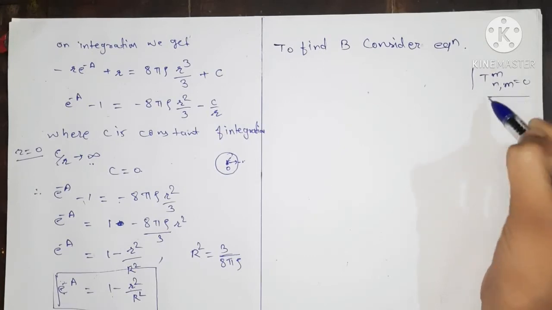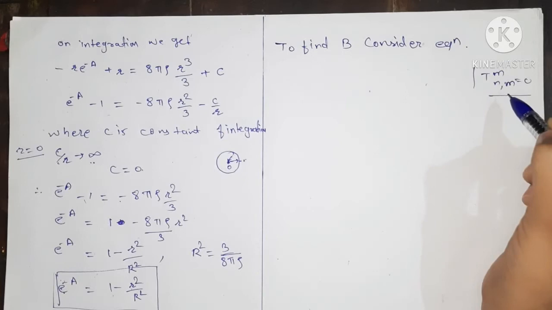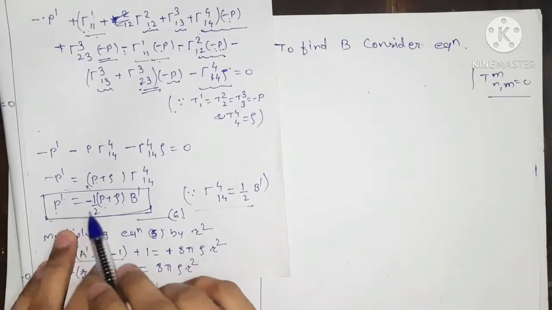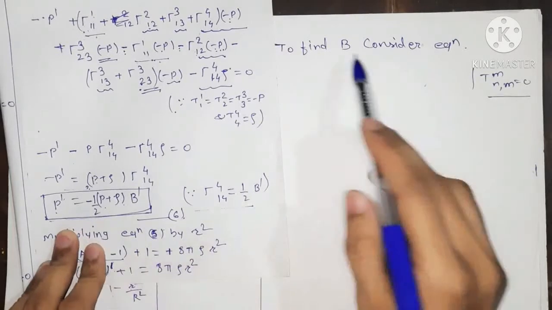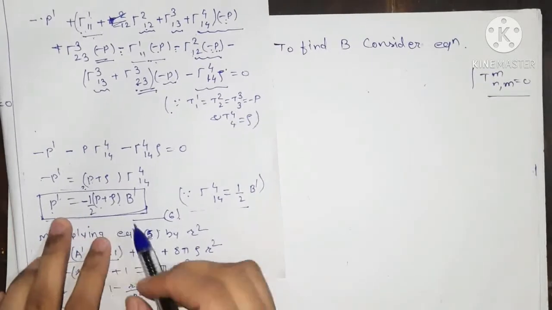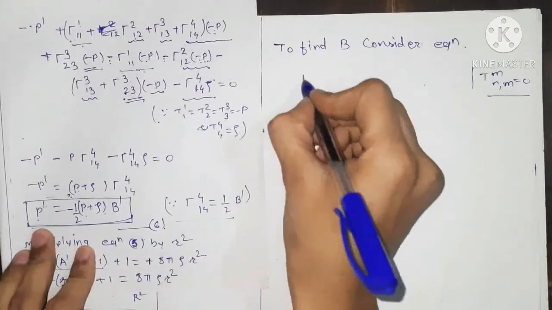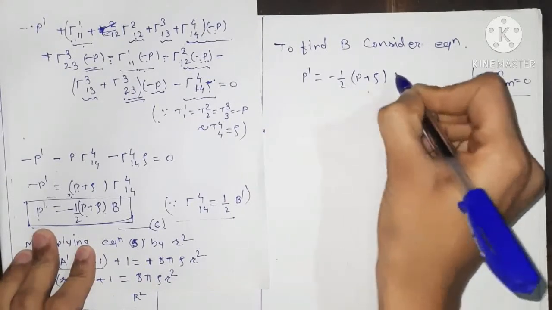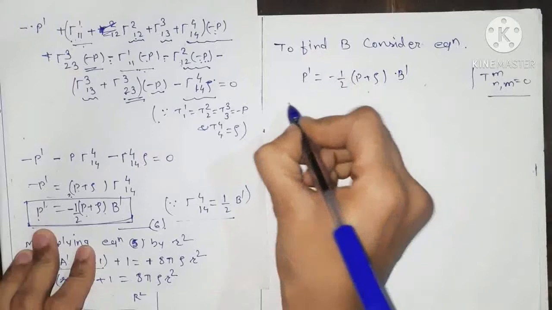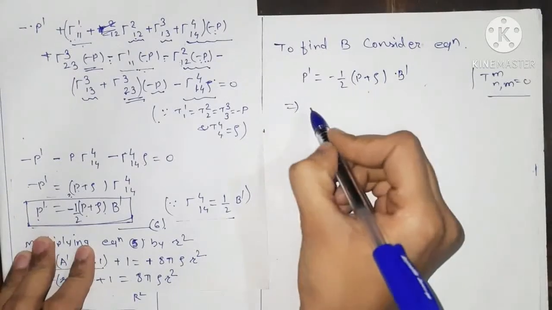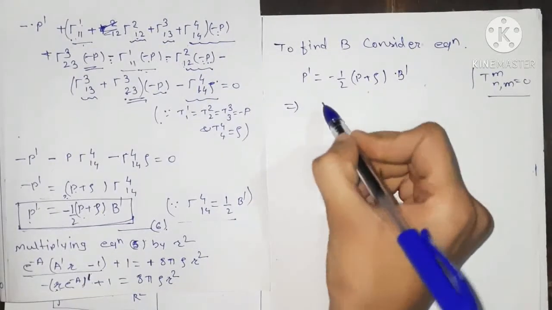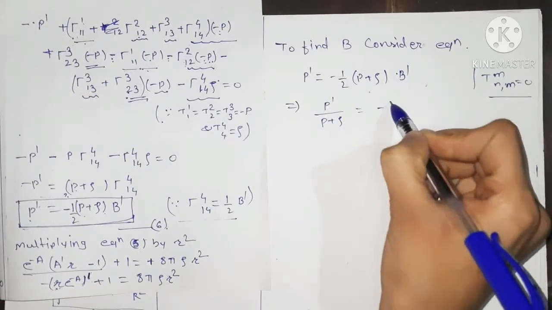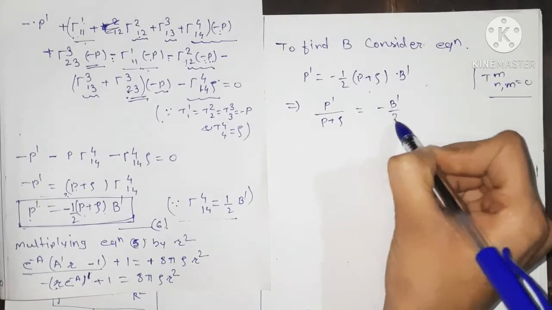From this equation we derive some equation, from which we determine the value of b. So p dash is equal to minus half p plus rho into b dash, which implies we can write this equation as p dash upon p plus rho equal to minus b dash upon 2.